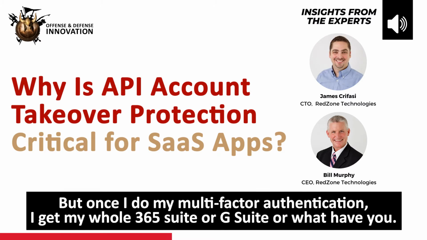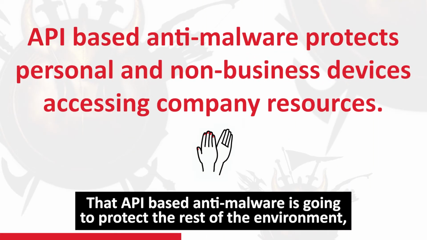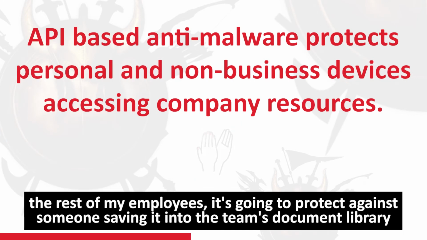But once I do my multi-factor authentication, I get my whole 365 suite or G Suite or what have you. That API-based anti-malware is going to protect the rest of the environment, the rest of my employees.